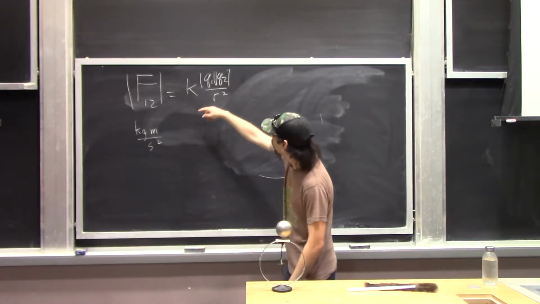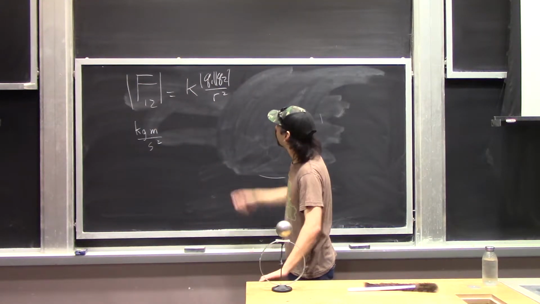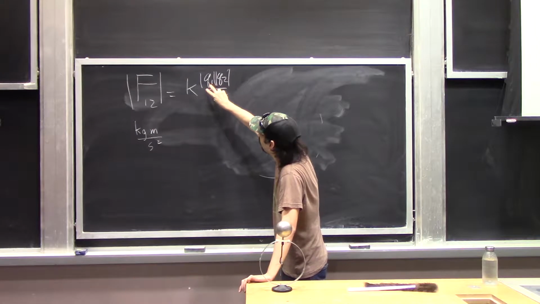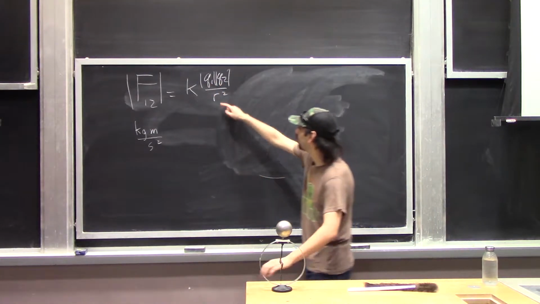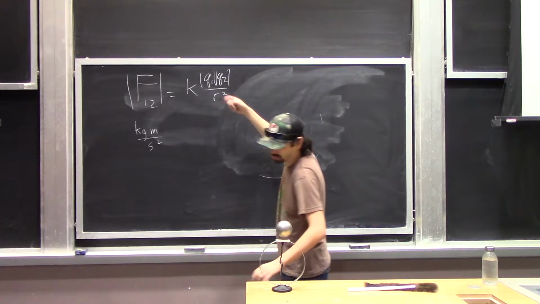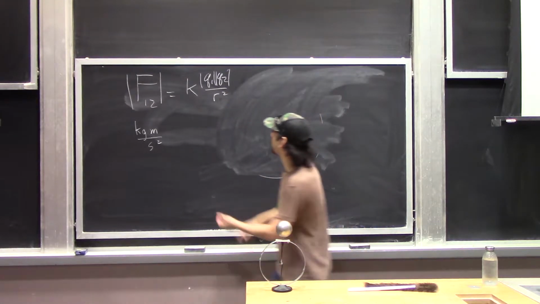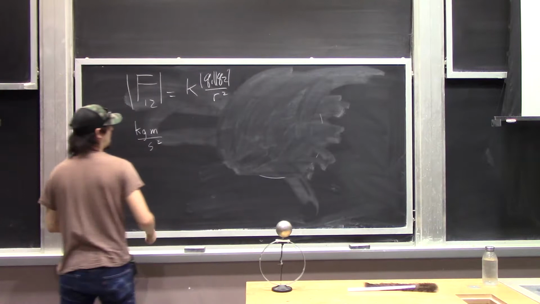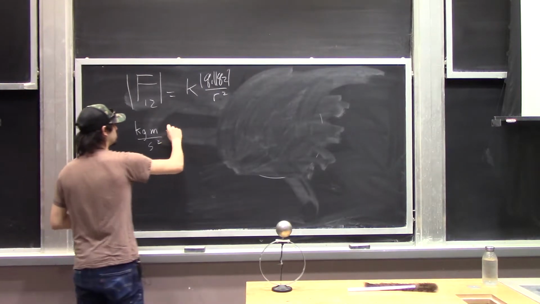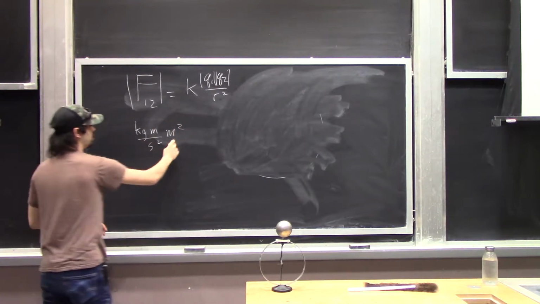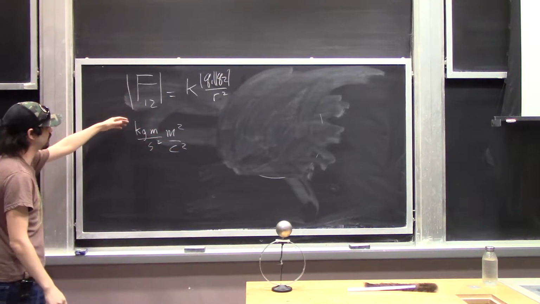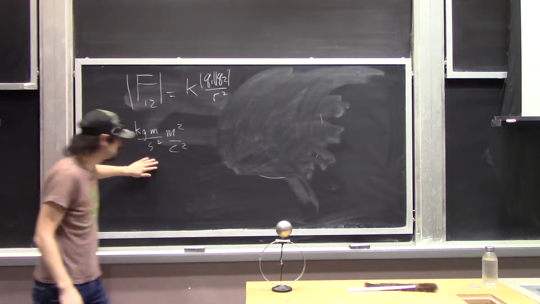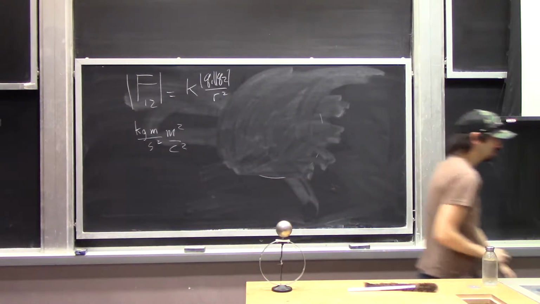The right-hand side, we don't know what K is a priori, but we do know that Q and Q both have units of coulombs, and that this distance is measured in meters. So what I can do is move all of this to the other side by multiplying both sides by meters squared and dividing by coulombs squared. So this ends up being meters cubed in the numerator times kilograms divided by seconds squared times coulombs squared.